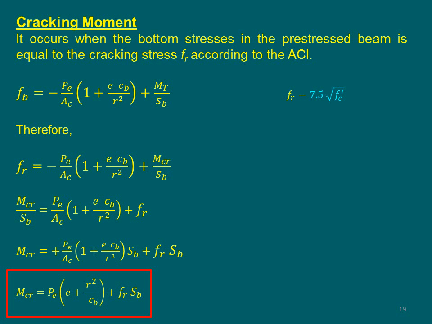And instead of F sub B, I'm going to replace it with F sub R, which is 7.5 square root of F prime C. We can rewrite the equation. At the end, at the bottom, I have the cracking moment equals the effective pre-stress force times E plus R squared, radius of gyration squared, divided by C sub B, plus F sub R multiplied by S sub B, section modulus, and the stress 7.5 square root of F prime C.